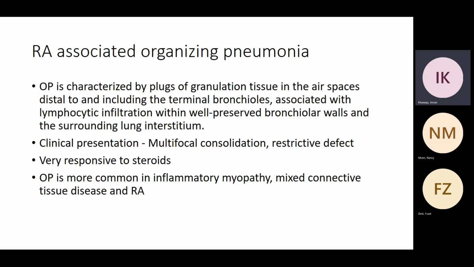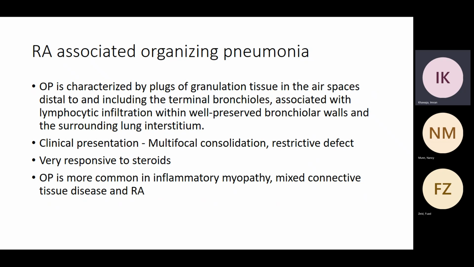The other abnormality that we are going to see is organizing pneumonia. We know that there are plugs of granulation tissue that fill the air spaces, but the walls of the bronchioles and everything else are normal in these patients.